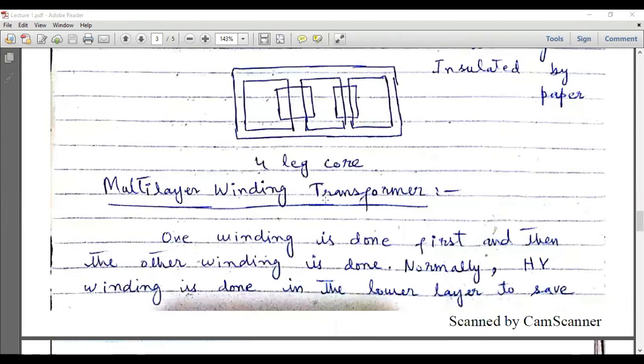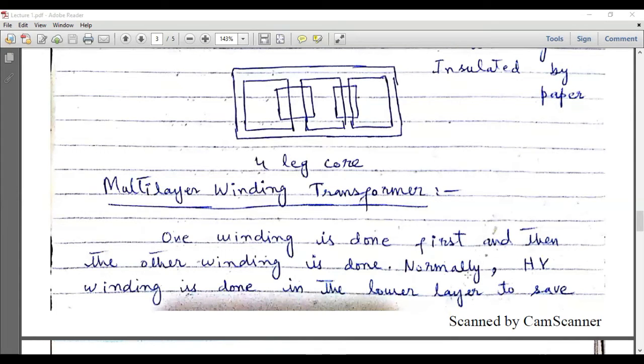So in this case, if we are doing multi-layer winding, we have to do the high voltage winding first in the lower layer, because the lower layer will have a smaller diameter, and we can use a very small quantity of copper if we are doing the winding with a smaller diameter, and we will achieve more turns with less copper.